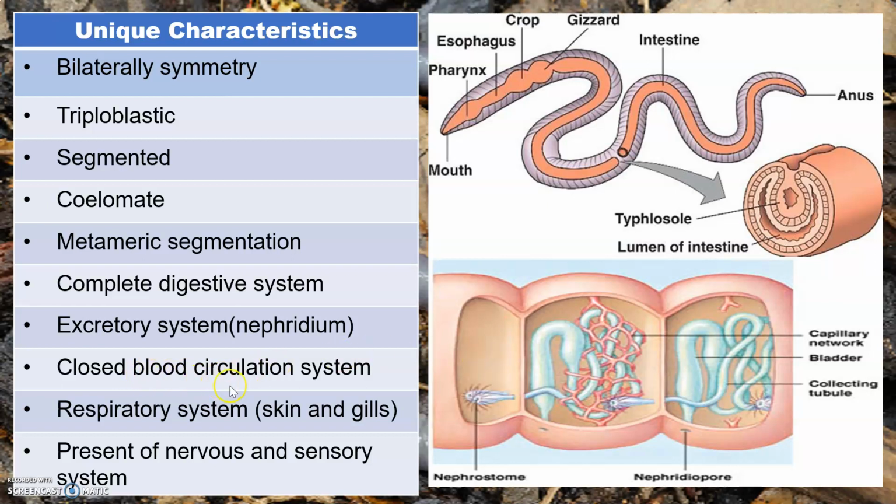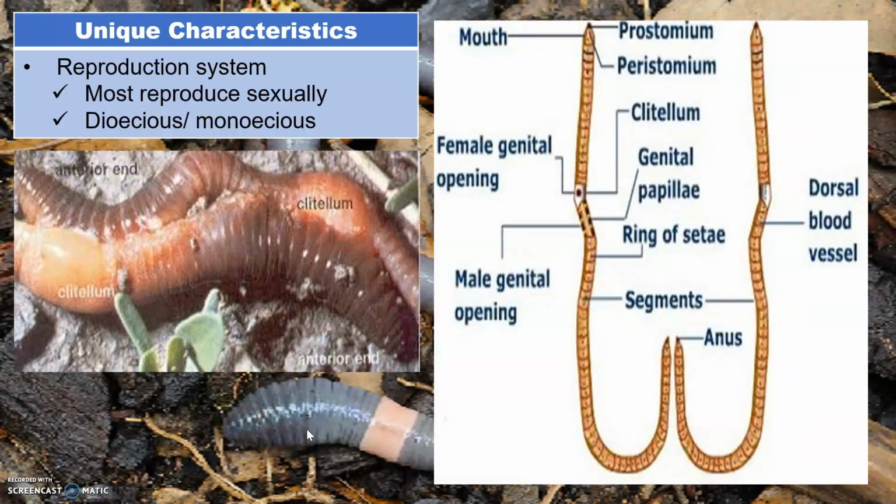It has a closed blood circulation system, and the respiratory system is through skin and gills. There are nervous and sensory systems as well. They reproduce mostly sexually. It can be dioecious, meaning that it exists as male and female, or it also can be monoecious.